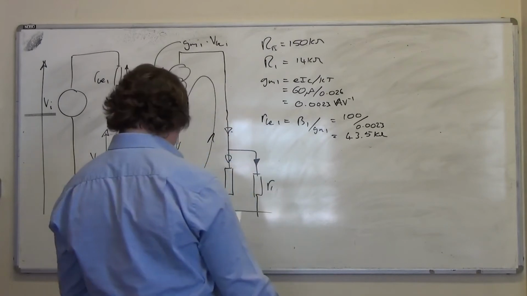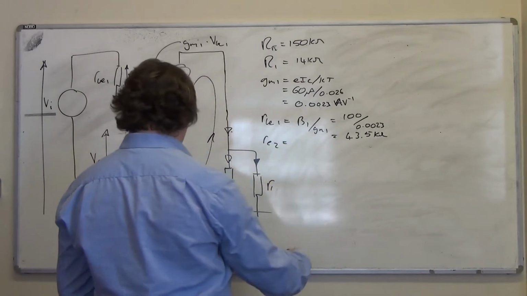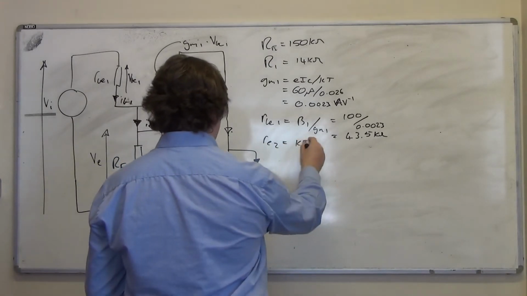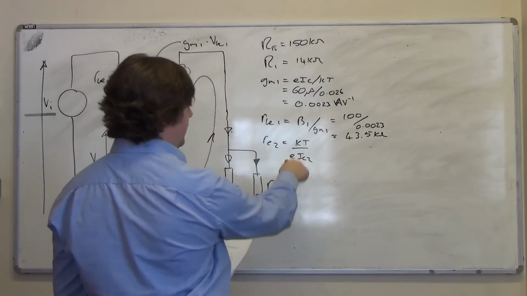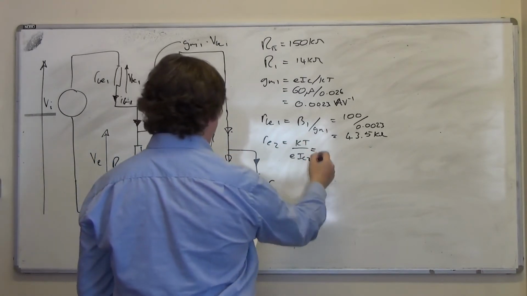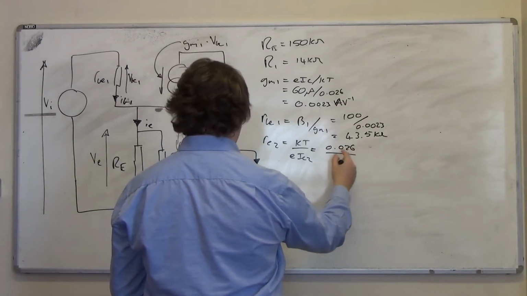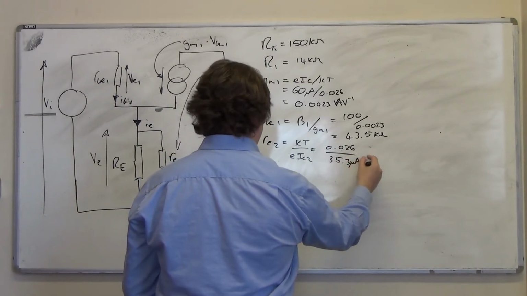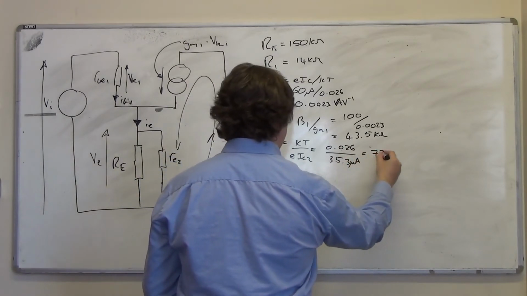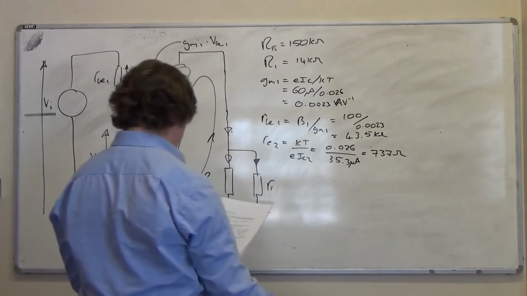Then we have RE2, and that's KT over IE2. So we've done the 1 over GM already in here, which is why this has been flipped. And that leaves us with 0.026 upon 35.3 microamps, which is 737. So when I said 750 earlier, I was on the money, more or less.